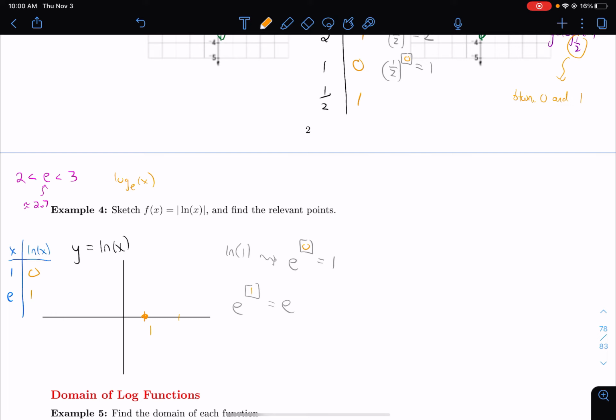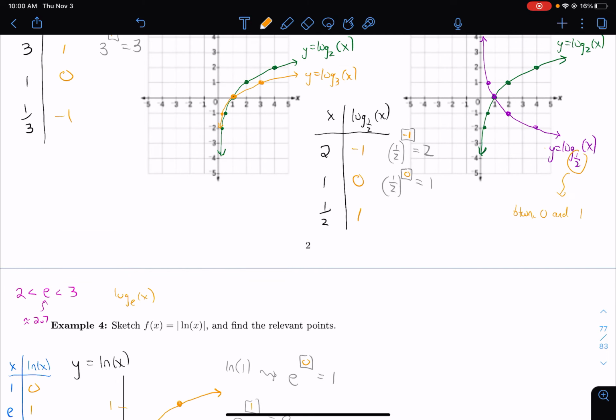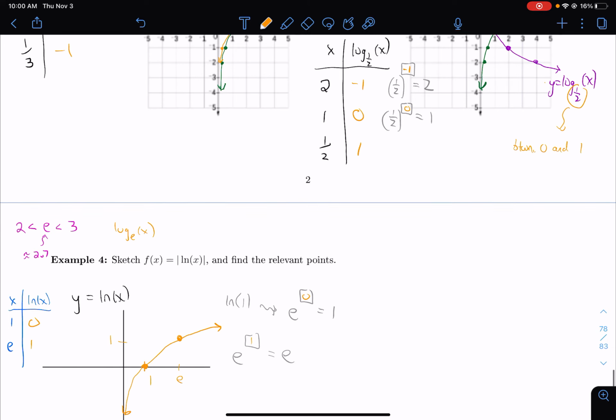When x is e, the y value is 1, so that would be here on the graph. If I start to connect these, my graph of ln of x looks really similar to the graphs of log base 2 of x and log base 3 of x. It turns out it's in between those two, because e is in between 2 and 3.